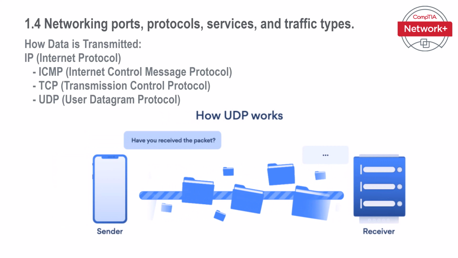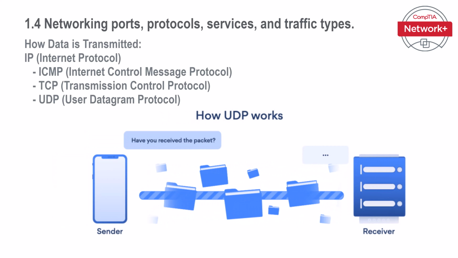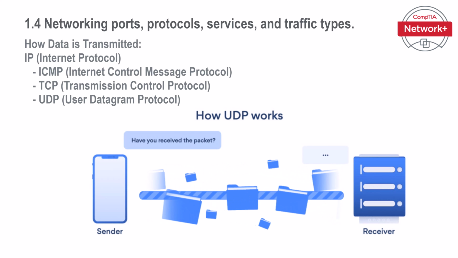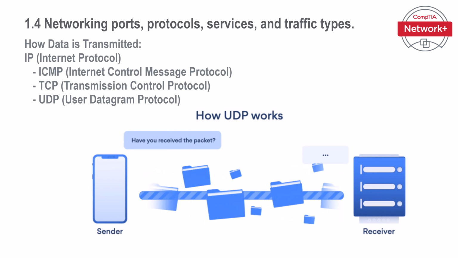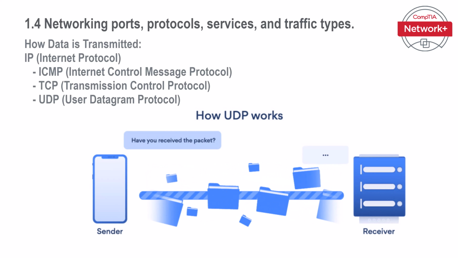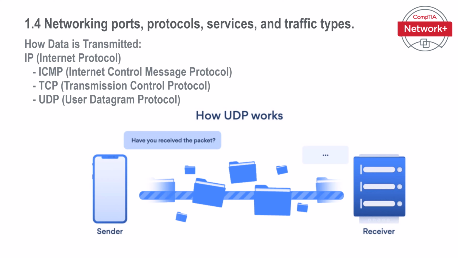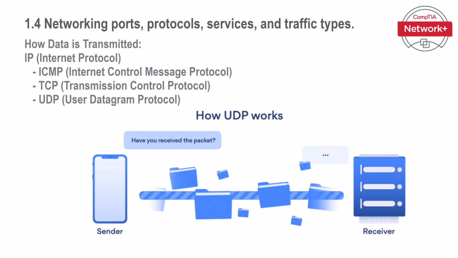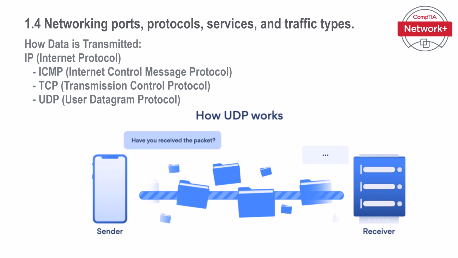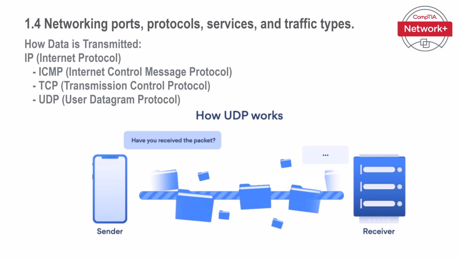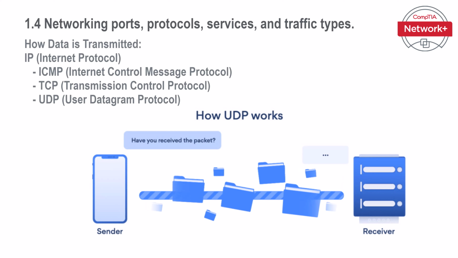In contrast to TCP, User Datagram Protocol, or UDP, is a connectionless protocol that sends data without establishing a session. While UDP is faster than TCP, it does not guarantee packet delivery, making it suitable for applications that prioritize speed over reliability, such as video streaming and online gaming.